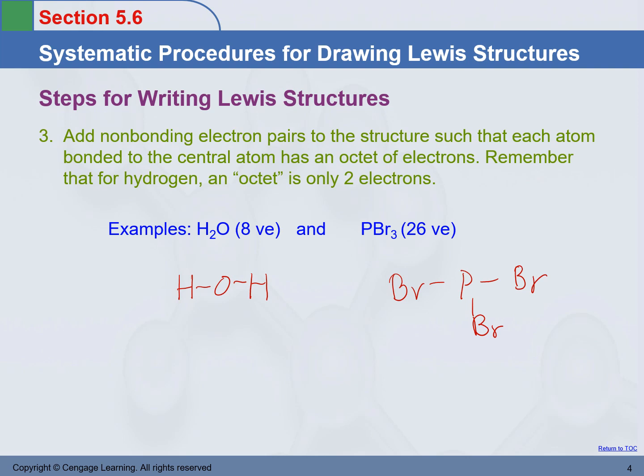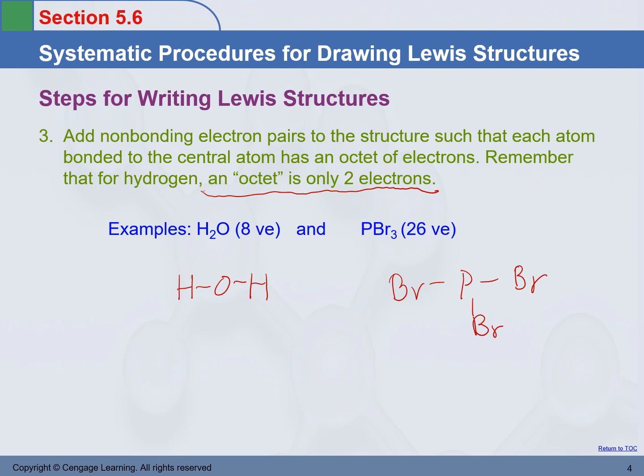This is telling us to forget about the center atom and give the outside atoms 8 electrons each. Basically, number 3 is taking care of all the atoms on the outside. Ignore the center atom. It reminds us that the octet rule for hydrogen is only 2. Hydrogen can only hold 2 electrons.